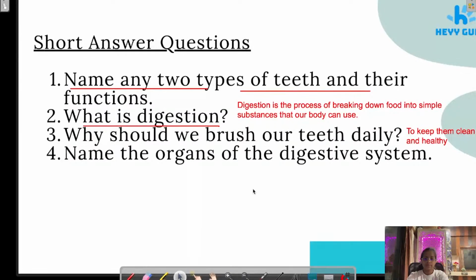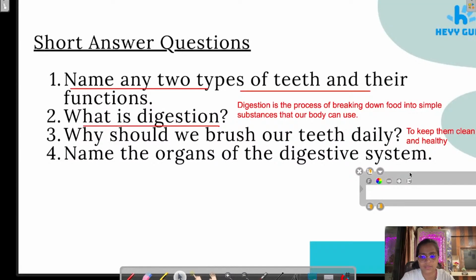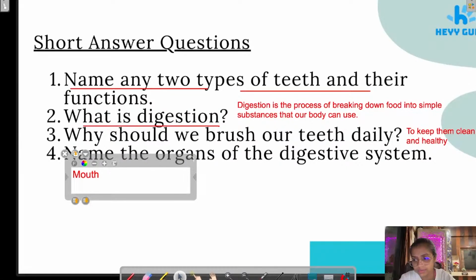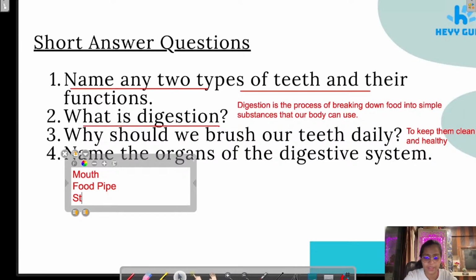Can you please type? Mouth, yes. Esophagus, which is something like a food pipe. Both are the same thing. Then stomach, correct.